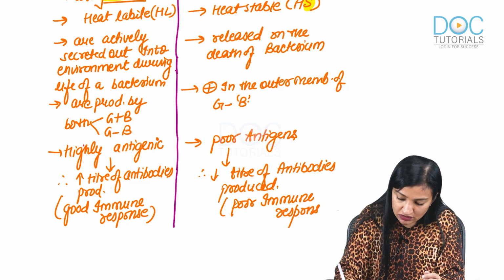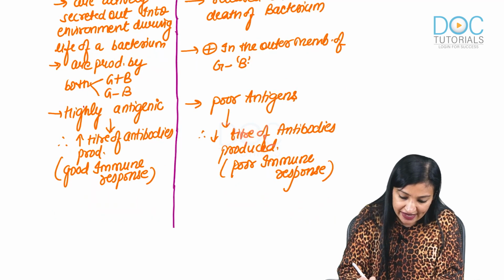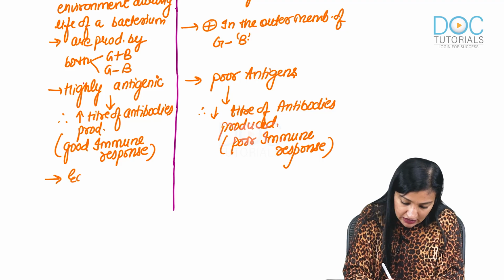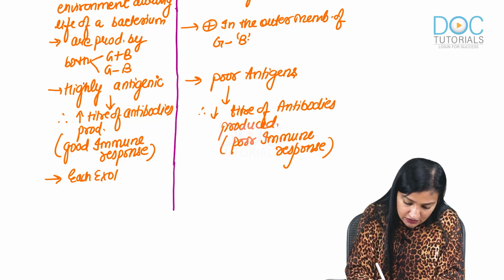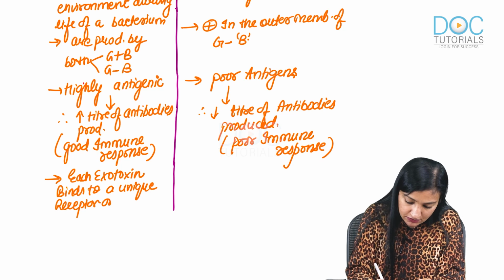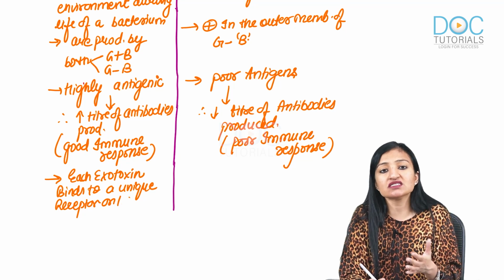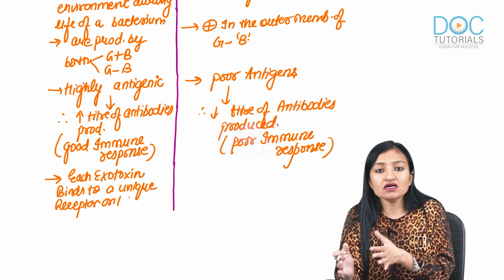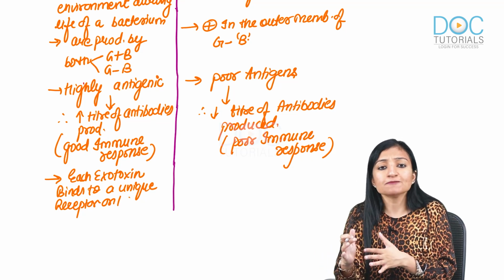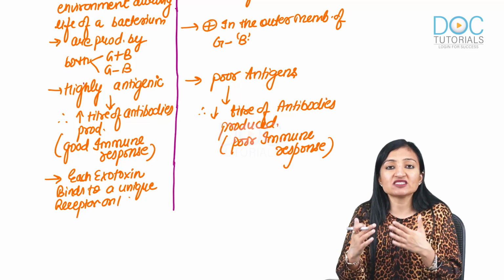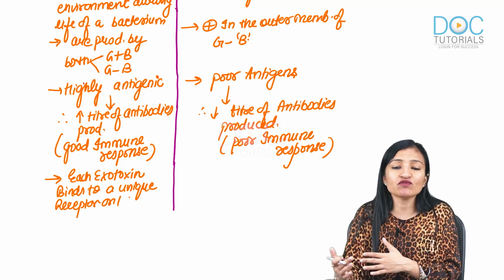Now, each exotoxin binds to a unique receptor on the host. There are several different kinds of exotoxins, and each binds to a different receptor located in different tissues. So different exotoxins are expected to produce different kinds of clinical features.